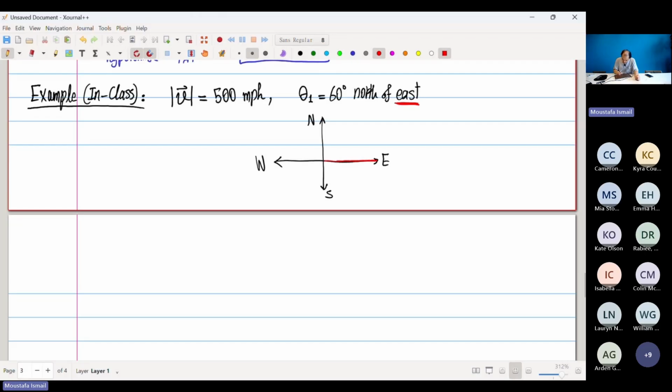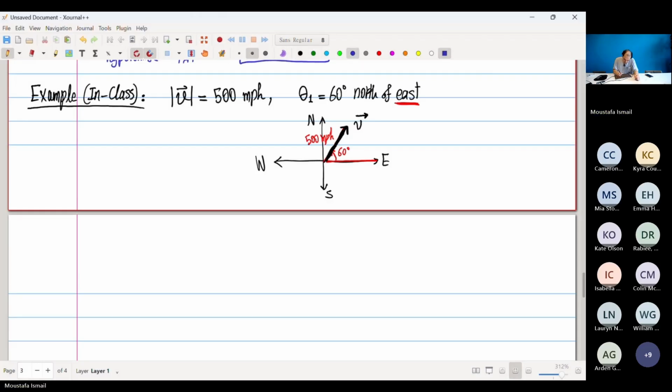So we start east and go 60 degrees towards north, and go for a length of 500 miles per hour. So this vector is 500 miles per hour of length. This is vector V, and we want to get its X and Y components.